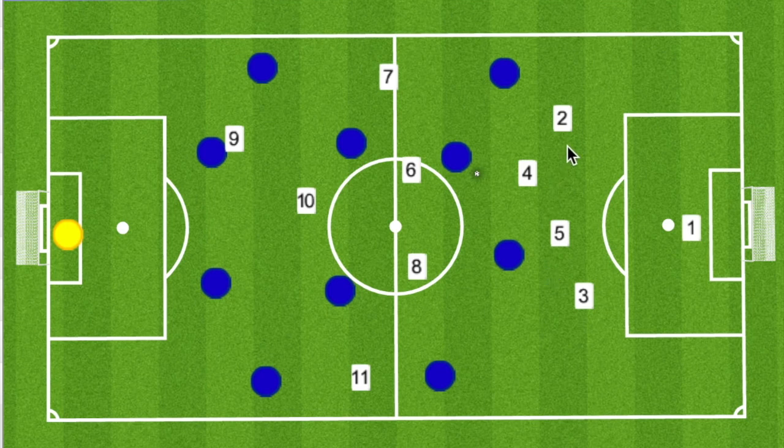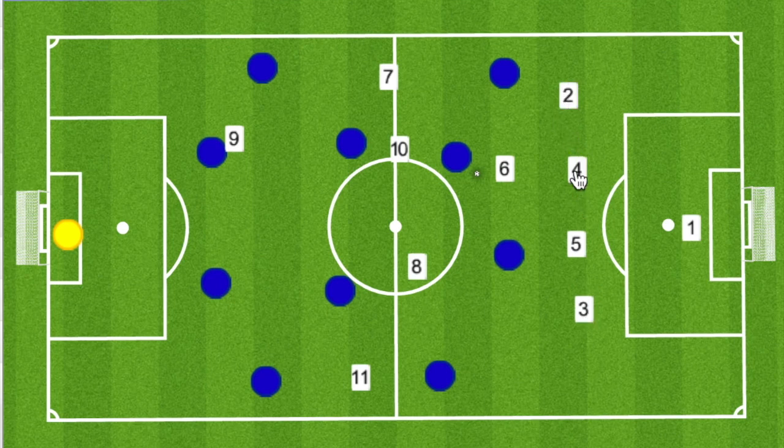But with the 4-1-4-1 formation, our number 6 is the person that steps up first, allowing the center backs to be in a better position to defend should the ball break or get past the number 6.